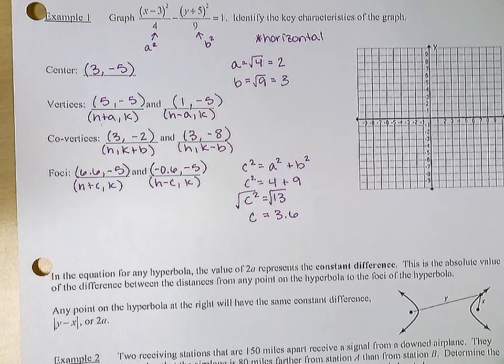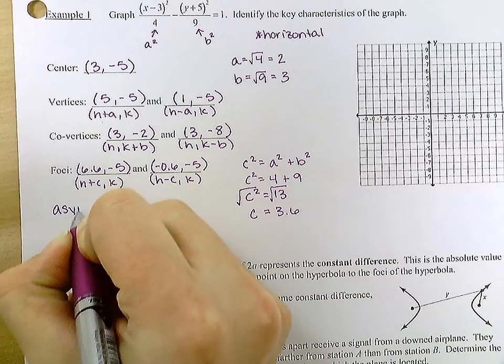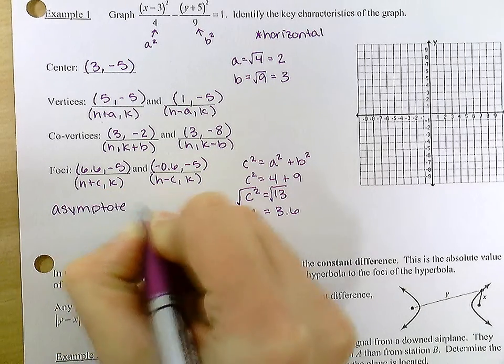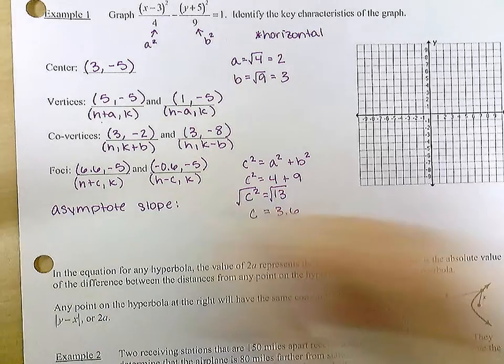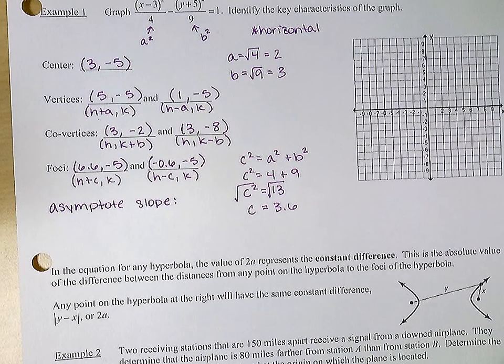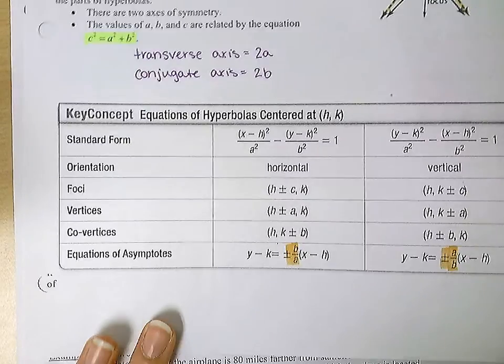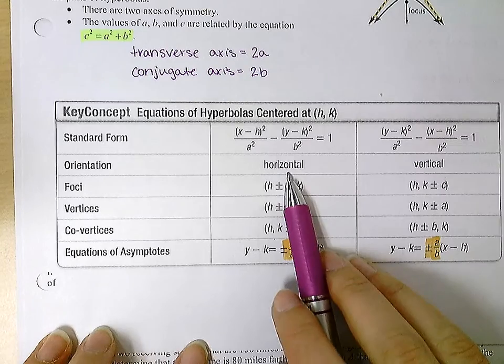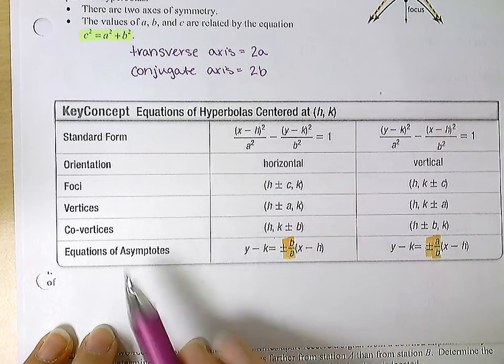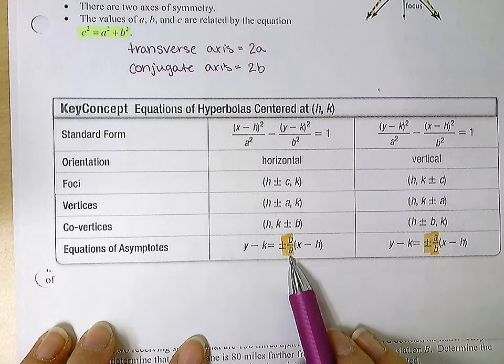However, in order to graph a hyperbola, you also have to find the slope of the asymptotes. So you want to find the asymptote slope. Since this is horizontal, the slope is going to be plus or minus b over a.